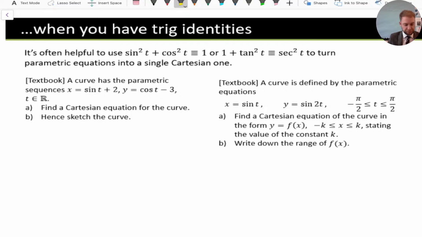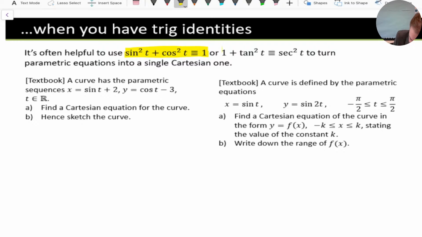Okay, so this one here, this is where it gets a little bit trickier. What we have to do is start to use trig identities to create the Cartesian version of things. These are the two that we usually use. We usually use sine squared t plus cos squared t is always equal to 1. We know that.